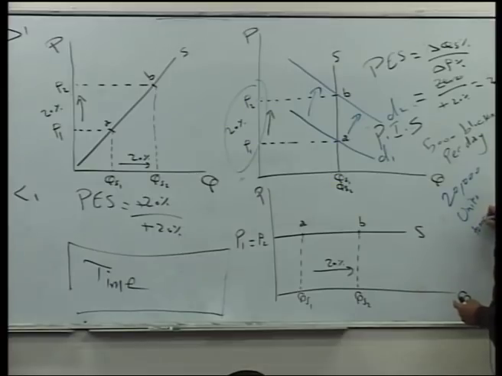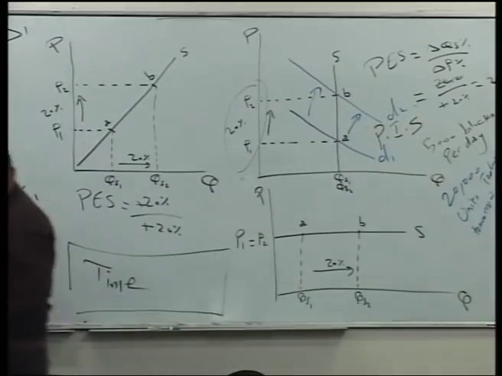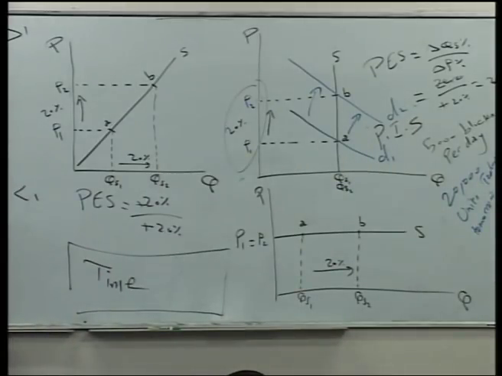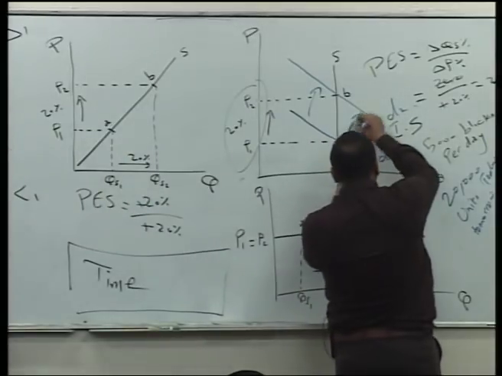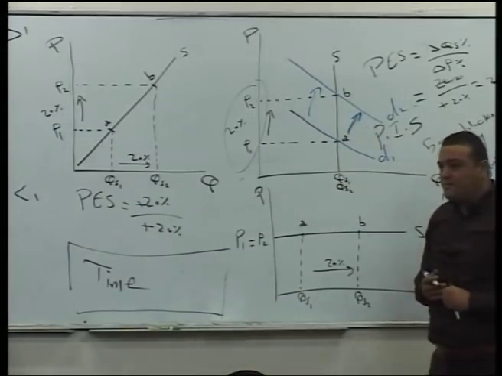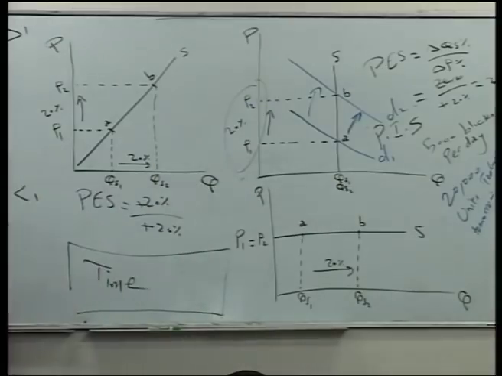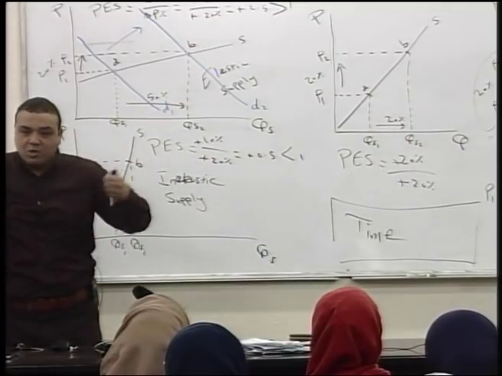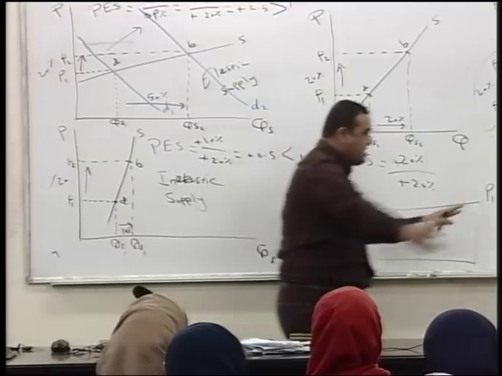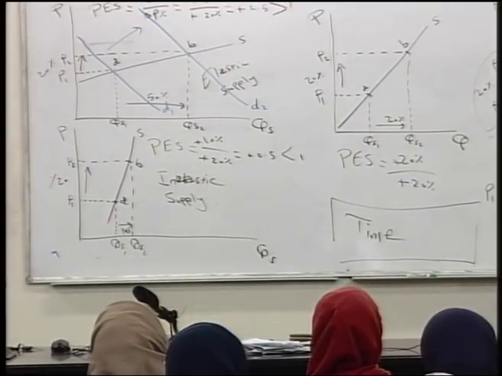tomorrow or today, in the very short run. What will happen? He will be unable to produce more because the maximum capacity here is 5,000 blocks a day.